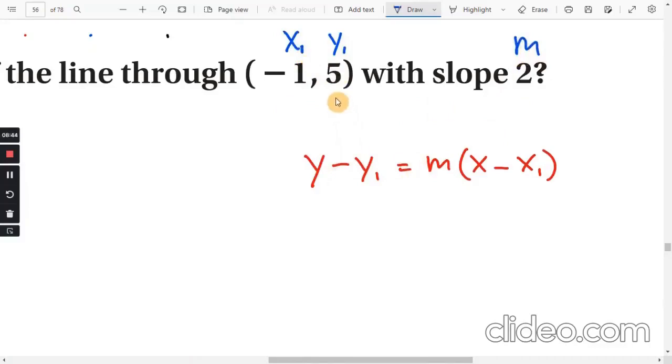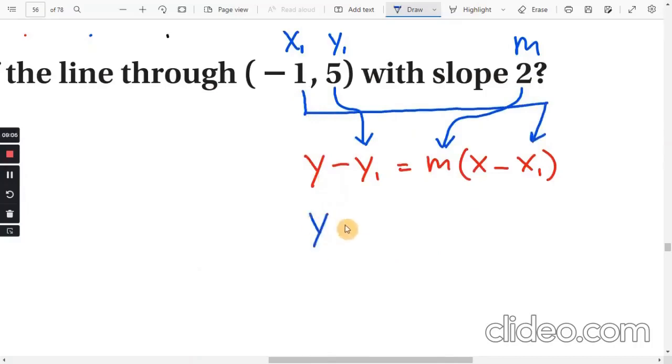So y minus y1, the y1 gets plugged in right there. The slope of 2 gets plugged in right there. And x equals -1 gets plugged in right there in place of x. Y minus y1 is going to be y minus +5.